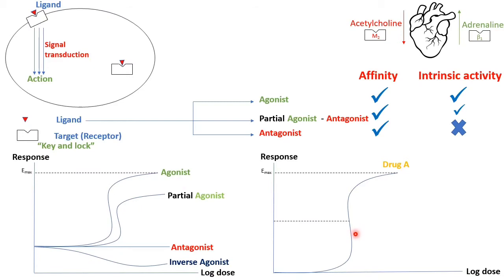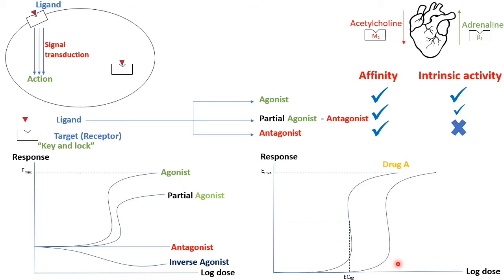So if we extrapolate this point to the dose, we get the dose that gives us half the Emax or half the maximum response, and we call that dose EC50. EC50 is the dose that gives us half the maximum response.